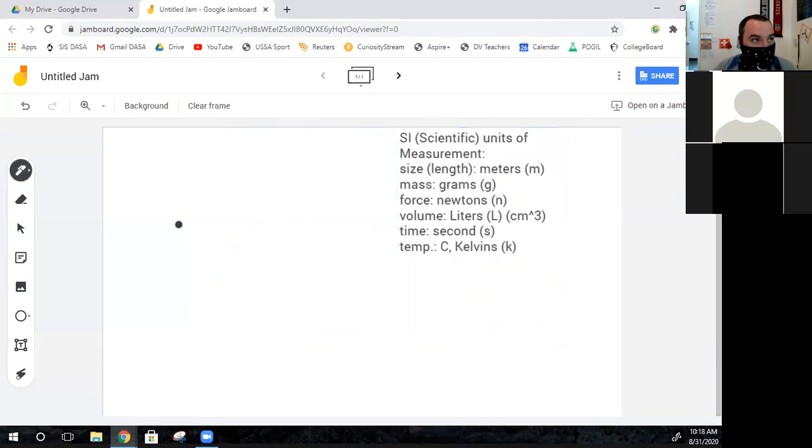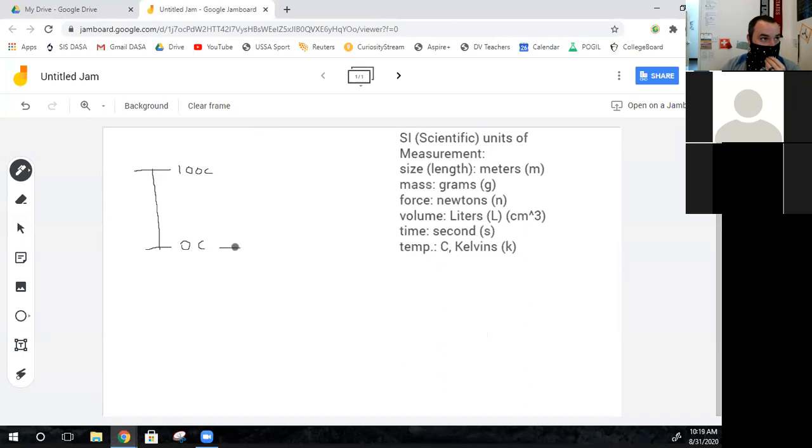I'm going to attempt to draw something. It's going to be disgusting, but this is, if this is 100 degrees C, and this is 0 degrees C, okay?